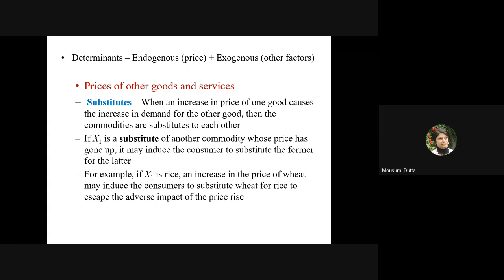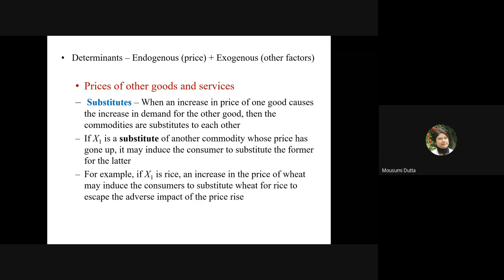However, for the exogenous determinants, which will be price of the other commodities, income of the individual, taste and preference of the individual, geographical location, gender of the individual, education of the individual, education of the parents, schooling, many things are there to determine the demand.